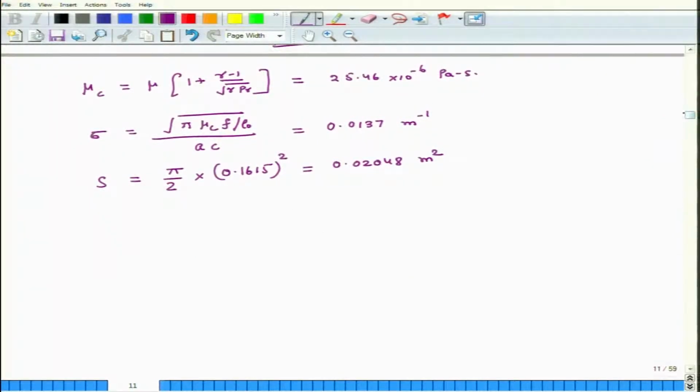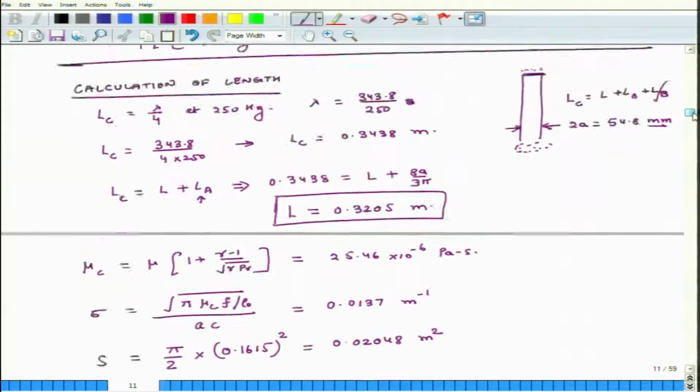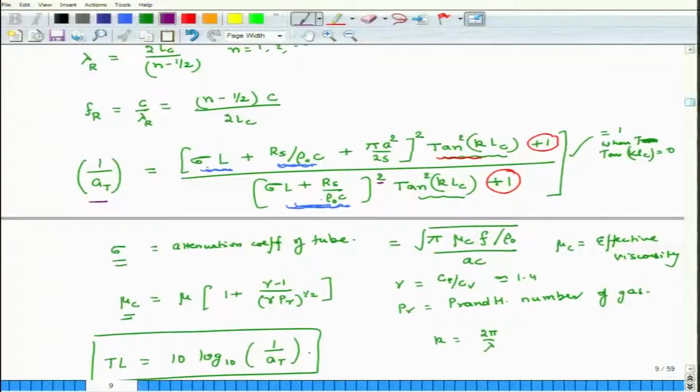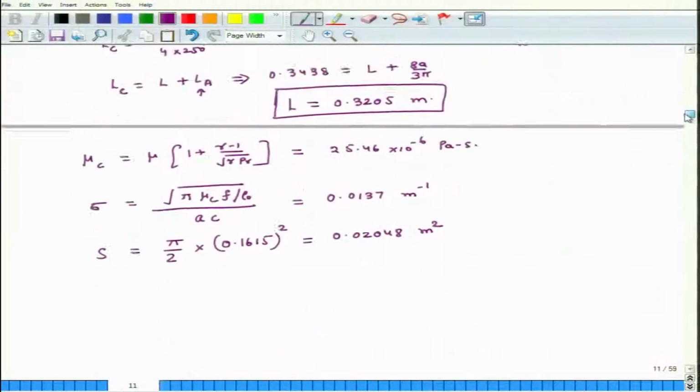I have computed mu c and sigma, but one thing I have not calculated is R s. R s is the specific acoustic resistance attributable to the presence of mesh, if you remember. In this case we do not have any mesh, so R s is equal to 0.